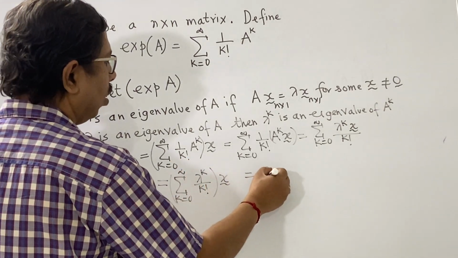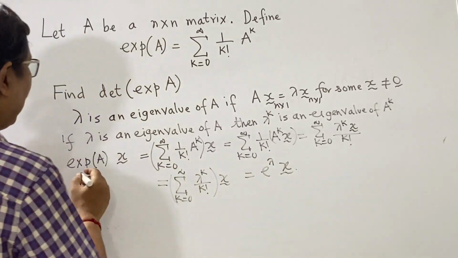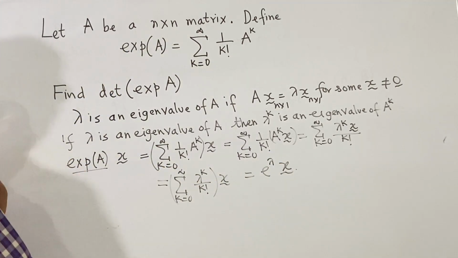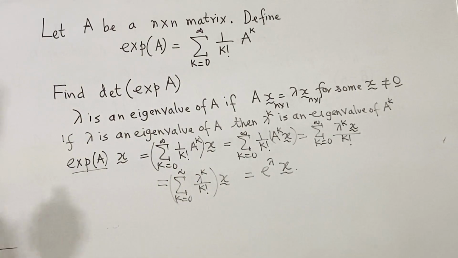So we have e to the power lambda x. So what we have is exponential A times x is e to the power lambda x. So if lambda is an eigenvalue of A, e to the power lambda is an eigenvalue of exponential A.